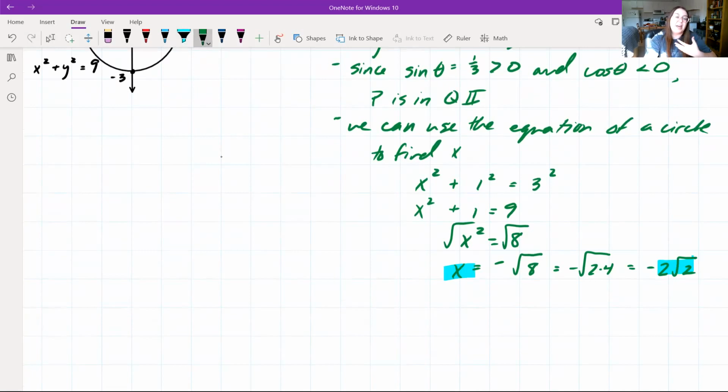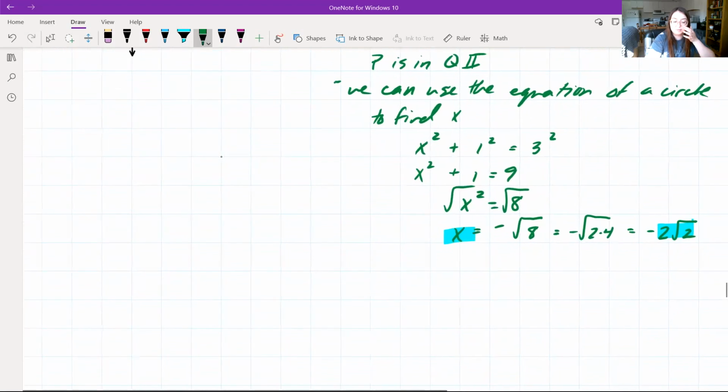So now we have our values of x, y, and r, so we can solve for the rest of our trigonometric functions. I'll write trig for trigonometric.